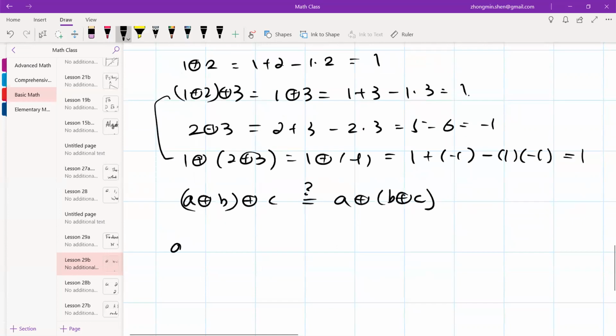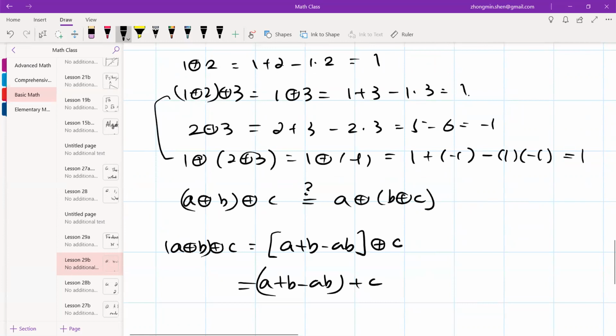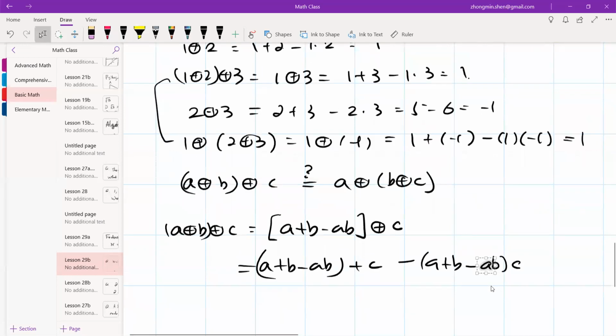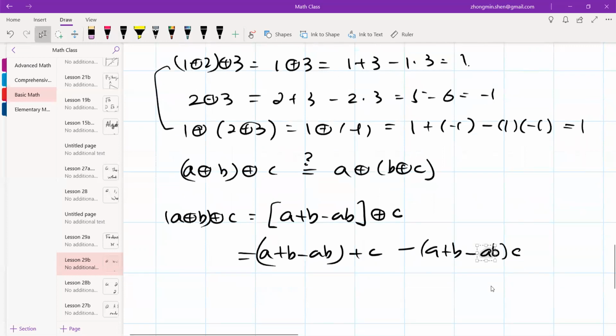A circle-plus B, and then circle-plus C. A circle-plus B is A plus B minus AB. Then, according to the definition, plus C minus A plus B minus AB times C. Can't you just take out the parentheses because you don't need them?